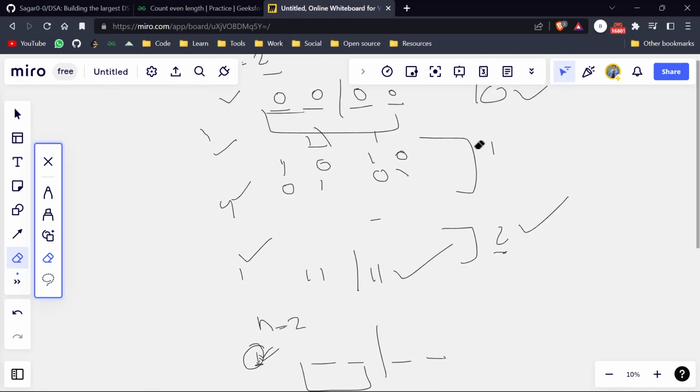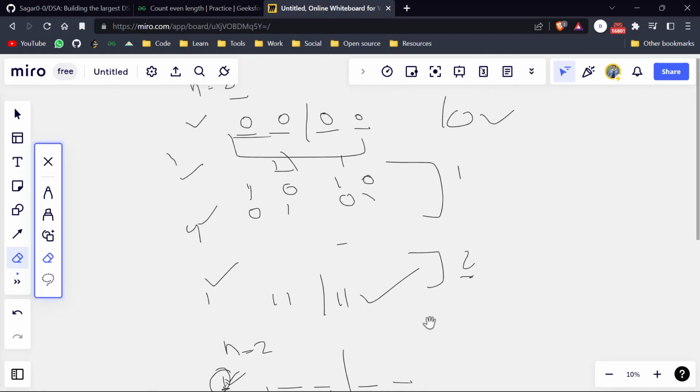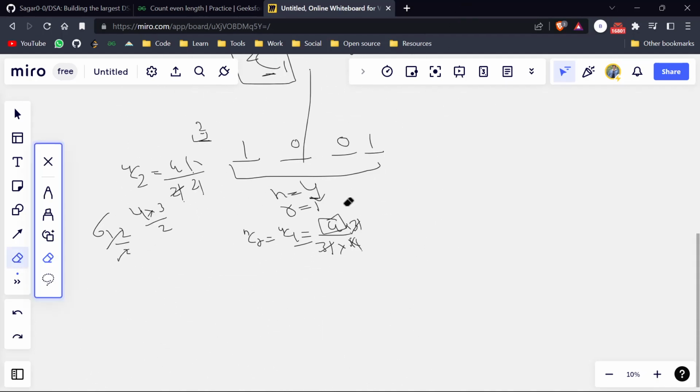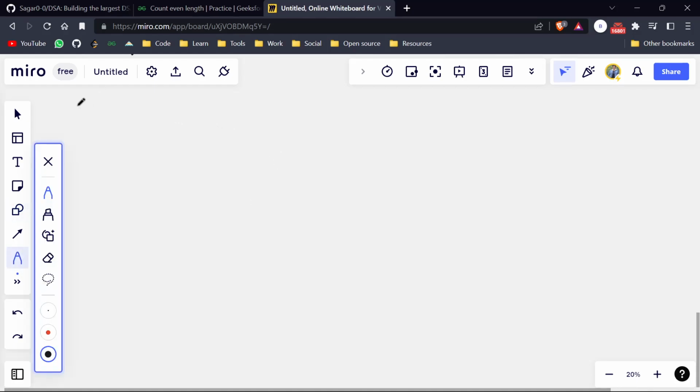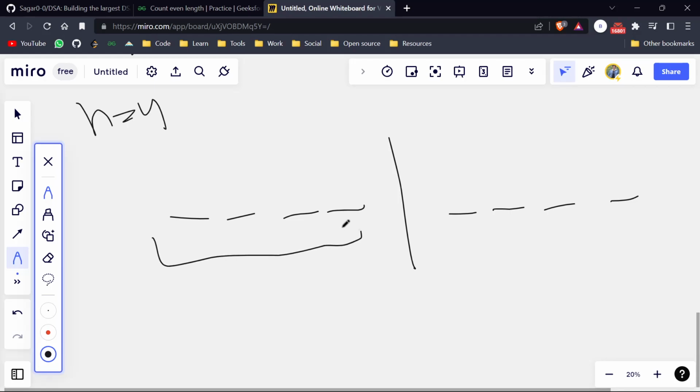So first of all, we have to iterate from 0 to n, and so let me just make some big example. Suppose for our example we have n equal to 4. So there are 4 places here and there are 4 places here. So there are 4 places to place our 1, from 0 to 4.